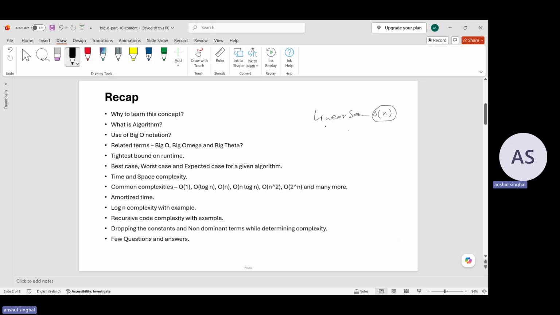But then we talked about another algorithm, binary search, where if my given array is sorted 1, 2, 3, 4, 5, and I have to find 5, then I start in the mid, and if I do not find it in the mid, then I go to the upper half, because this number is 5, which is greater than the mid.